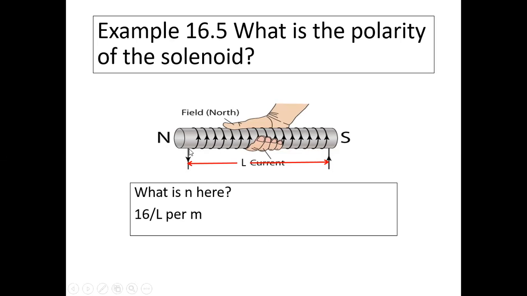Consider everything as one turn, 16 divided by length. That's how you find your small n. Make sure you do your checkpoint 16.4.